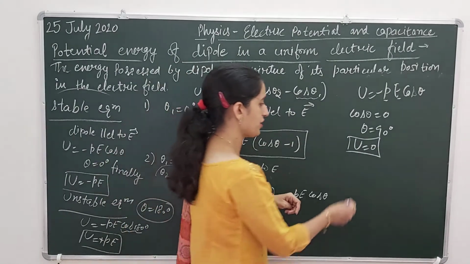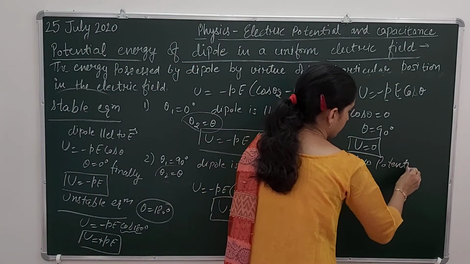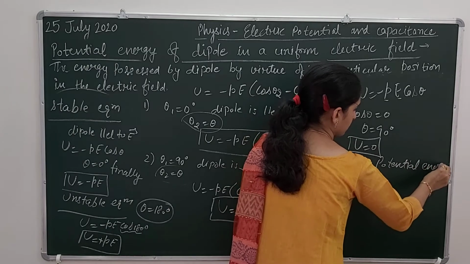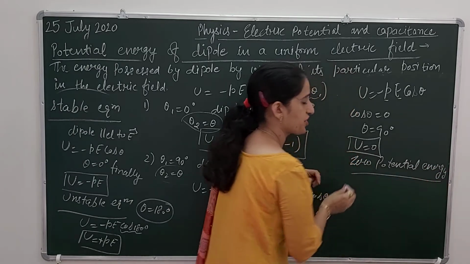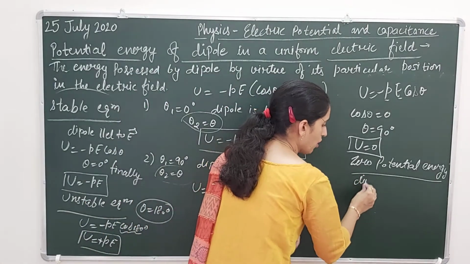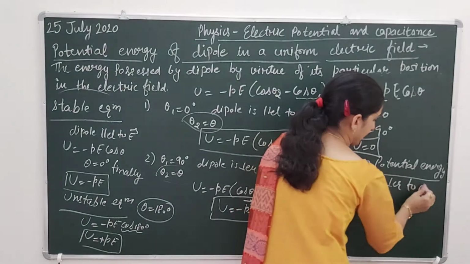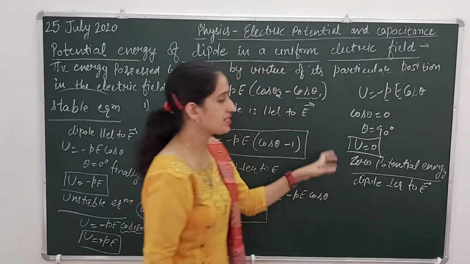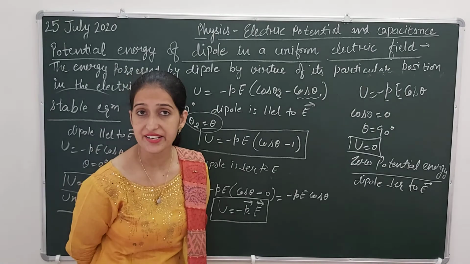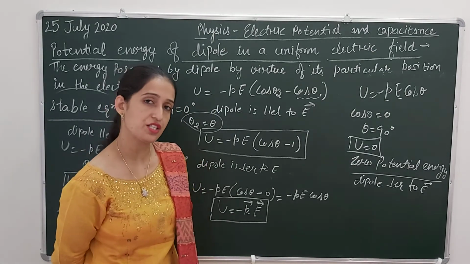This is the condition of zero potential energy, and it occurs when the dipole is perpendicular to the electric field. So this is the state when potential energy is 0.